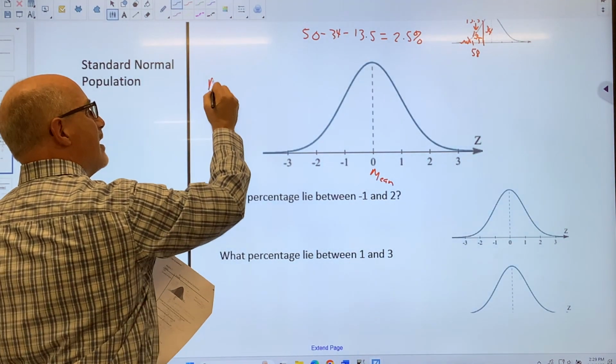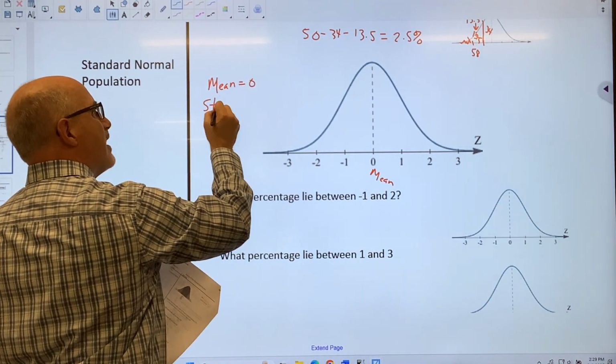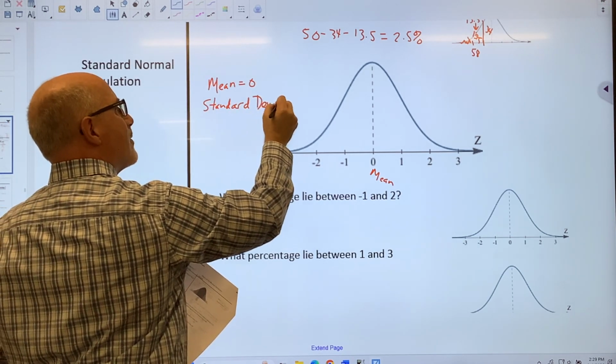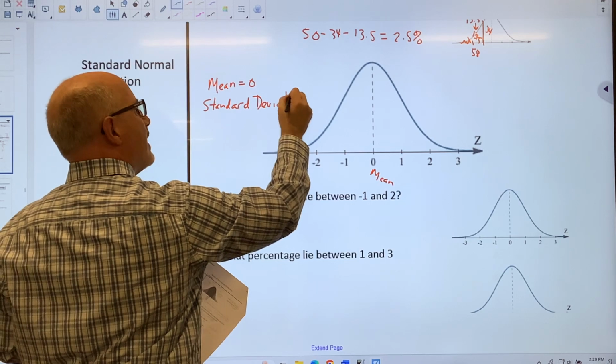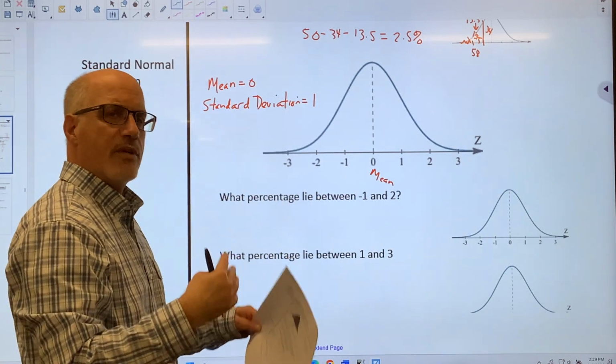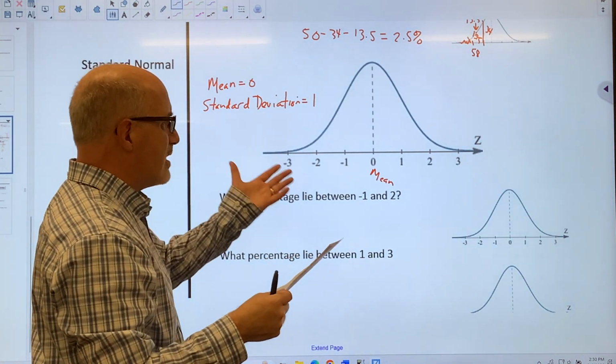So if we say mean equals 0, standard deviation is equal to 1, and this -1 is 1 standard deviation below, -2 is 2 standard deviations below. We now can use this information.